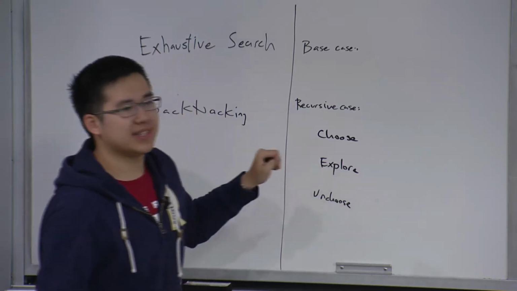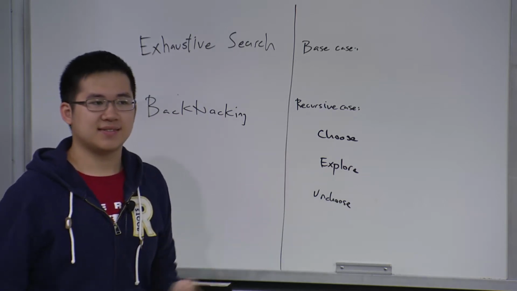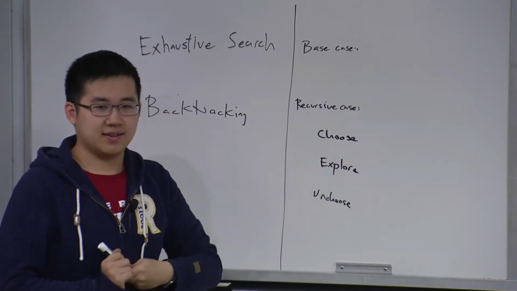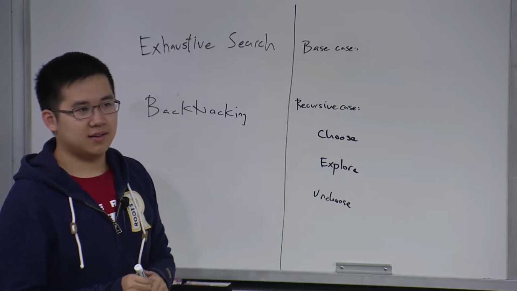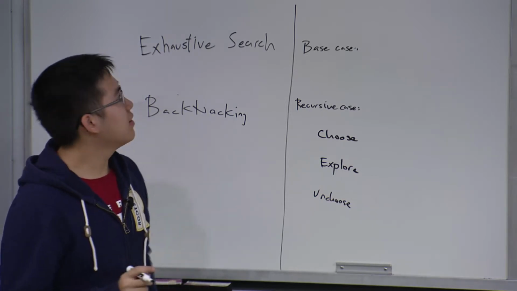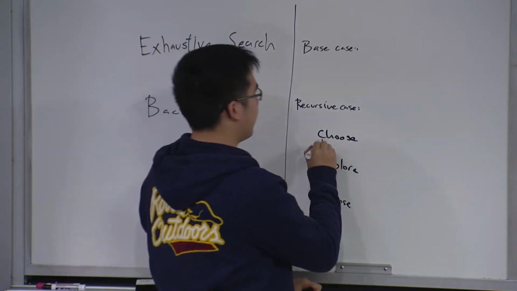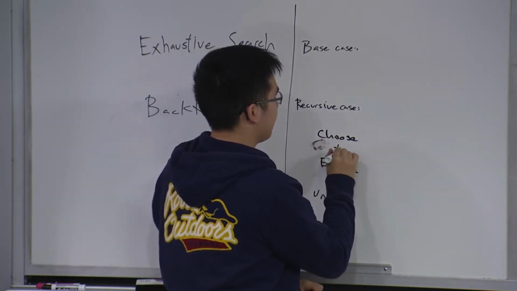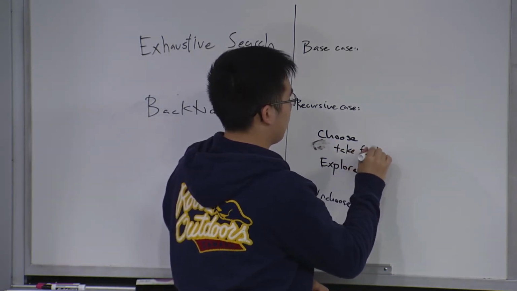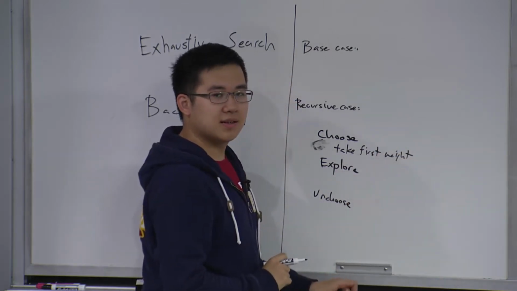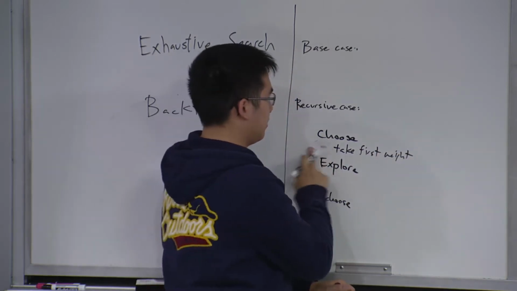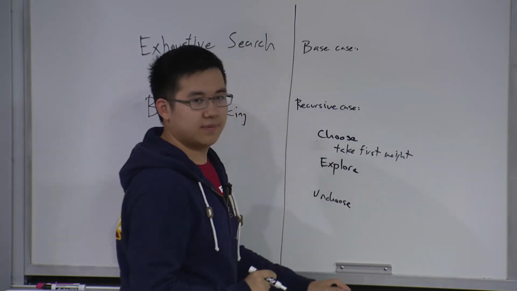How can I make a choice here? You can just dequeue, take the first weight and try every possibility, explore all possibilities.